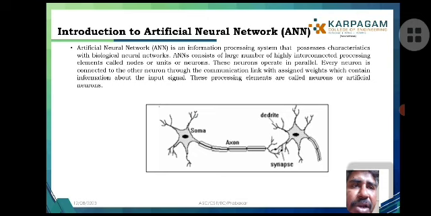An artificial neural network consists of a large number of highly interconnected processing elements called nodes, units or neurons. These neurons operate in parallel. Every neuron is connected to other neurons through a communication link with an assigned weight, which contains information about the input signal. These processing elements are called neurons or artificial neurons. This concept is illustrated in this diagram.